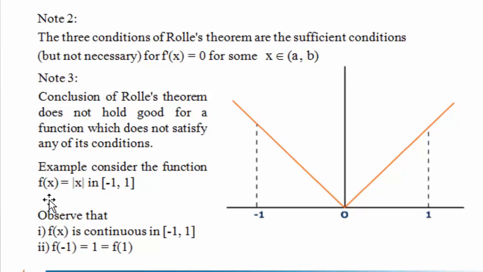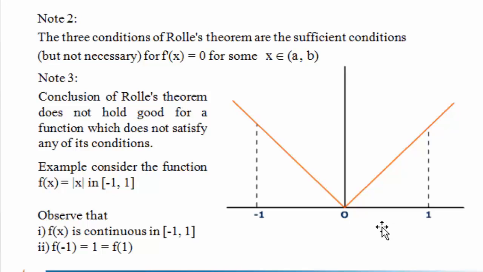See, this is an example. f of x equals mod x defined on the interval -1 to 1. This is the graph. Observe that this function satisfies the first condition of Rolle's theorem, it is continuous. Without lifting our chalk or pen we can draw this graph. The third condition also holds, means f of -1 equals f of 1, means f of a equals f of b.